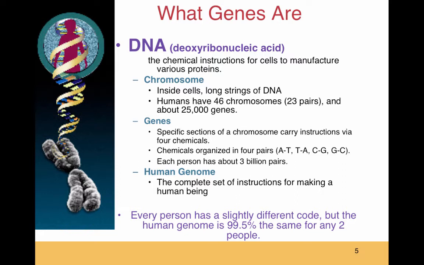Now, genes are special sections of that DNA. So you've got the base pairs, the A, T, G, C, T, T, A, T, whatever, and it goes on and on. Well, a gene is a section of that DNA that is made up of those bases, okay?